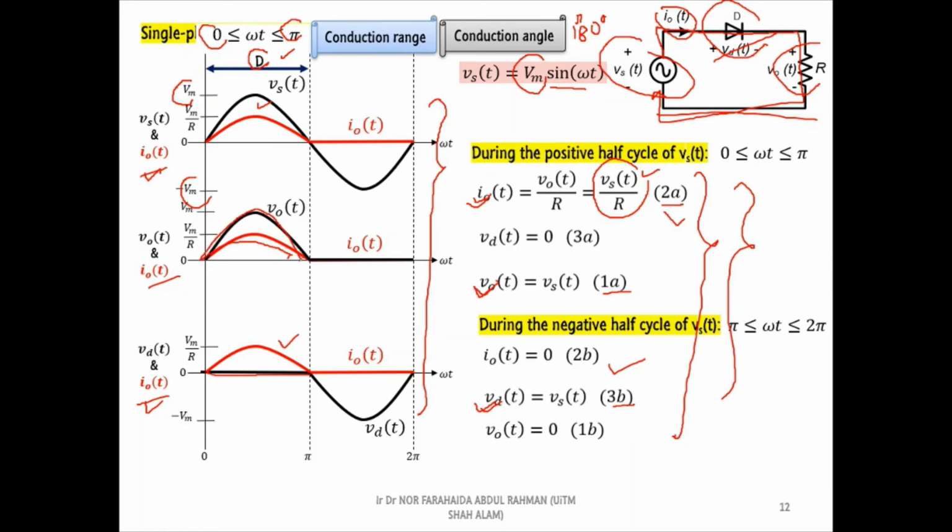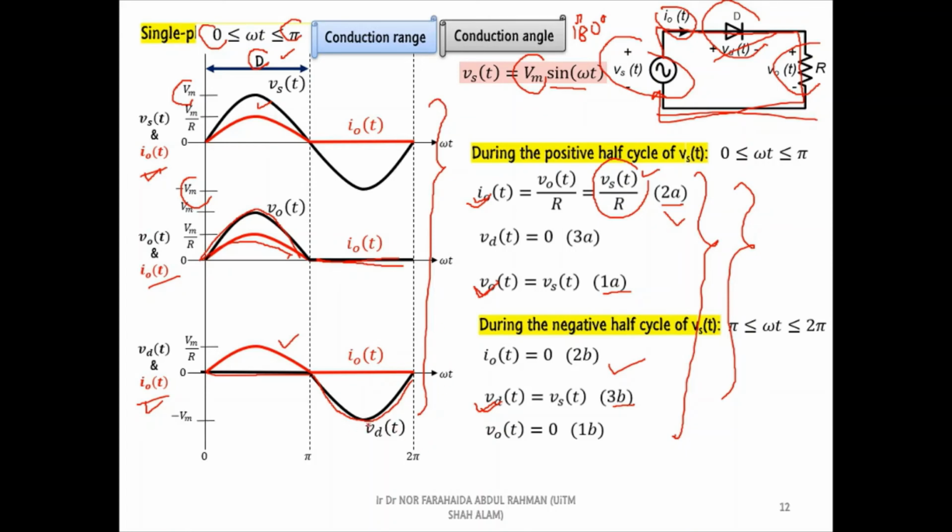In opposite, during the negative half cycle of the supply voltage, diode D will stop the current conduction by blocking a large reverse voltage. Since there is no current flowing to the load, the output voltage equals 0.